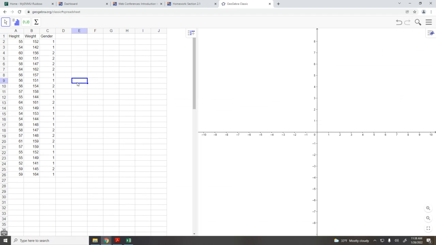Now, why I'm using GeoGebra is there is this plot known as the stem and leaf plot and the box and whisker plot. They are much easier to work with in GeoGebra than in Microsoft Excel. We'll be doing that in Microsoft Excel, but you will see that you don't have any option to do that in Microsoft Excel.